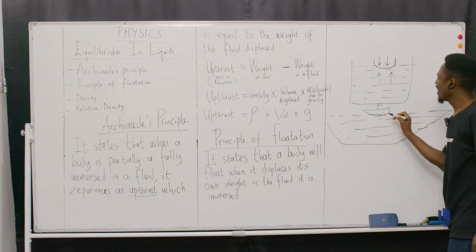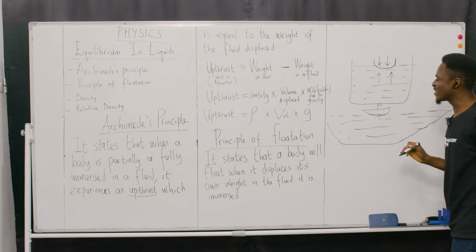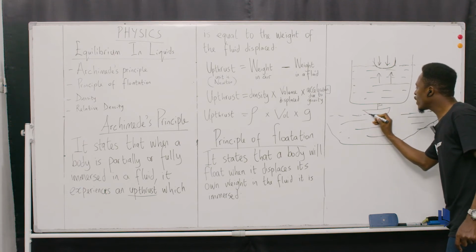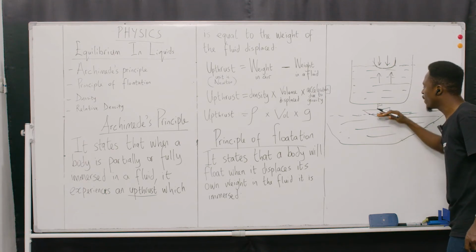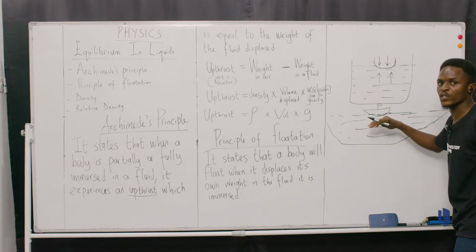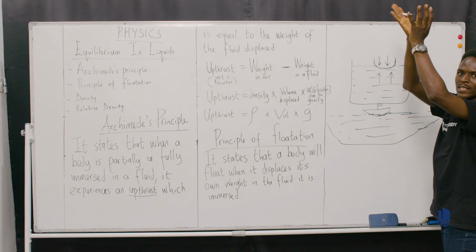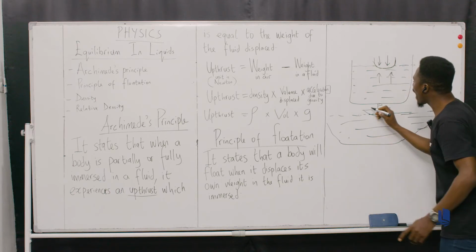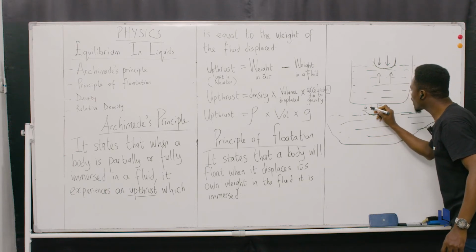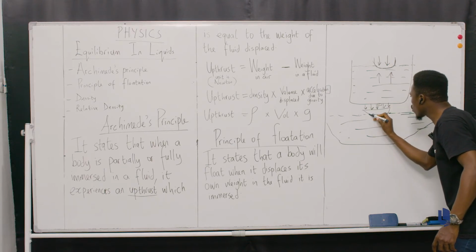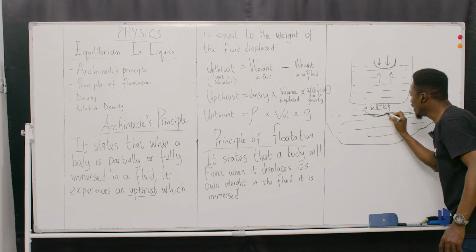As it is, you are going to have that some part of the ship is resting below the surface of the water, while some part is above the surface. It is simply because the weight of the ship is displacing some portion of water.